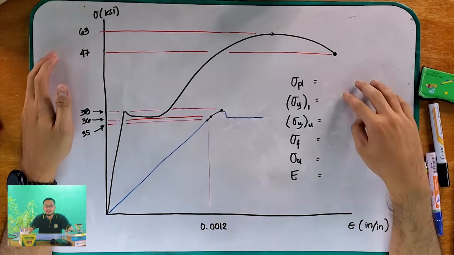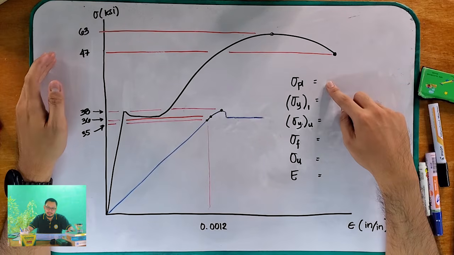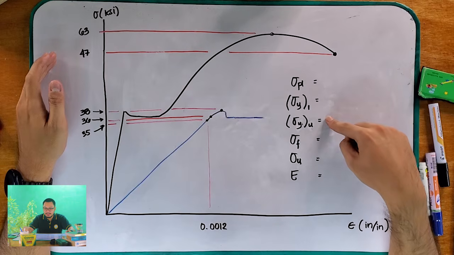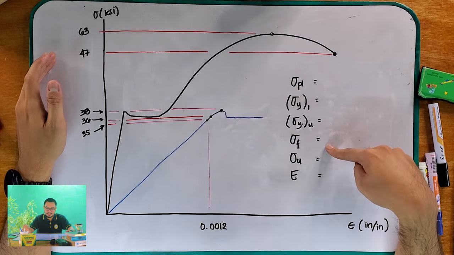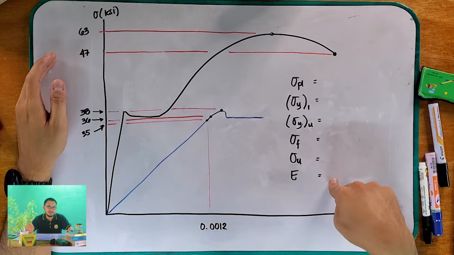What we are going to determine is the proportional limit, the yield stress, the elastic limit, the fracture stress, the ultimate stress, and the modulus of elasticity. It is easy, because we are just going to look at these figures and numbers here, and find where each of them is.